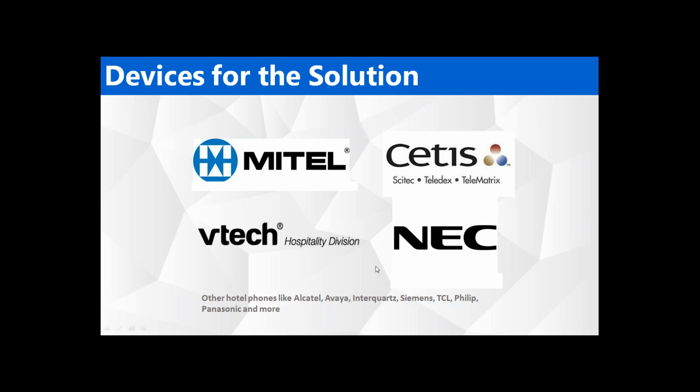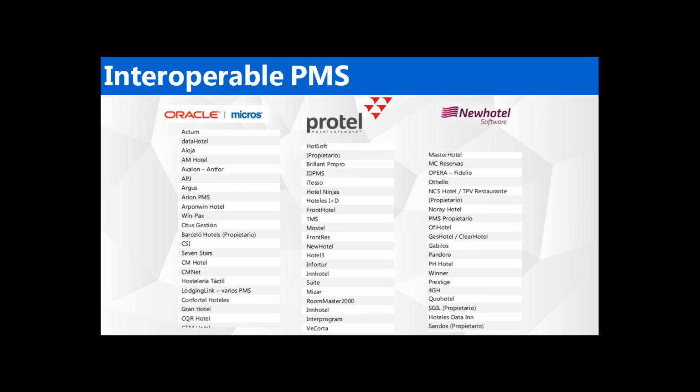They are all long-time players in the hotel phone business, and we support their models and products, so that basically, if your client is looking for a solution, we won't have any problem with the integration of hotel phones.